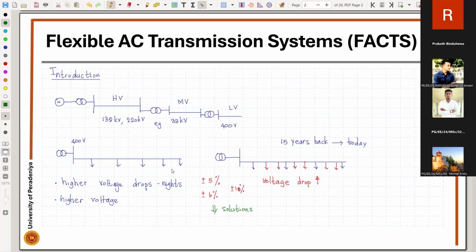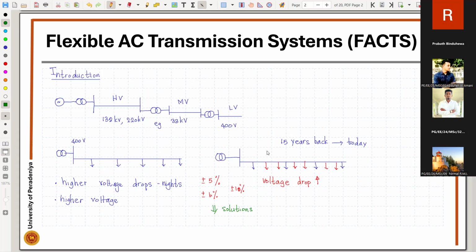So we need to provide solutions for the voltage drops or over voltage conditions that we experience in certain periods of a day. And also we need to provide solutions for the gradual increase of the load in the network.